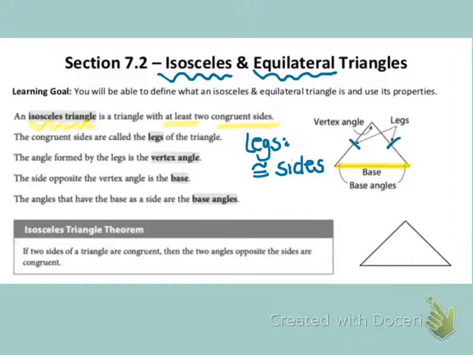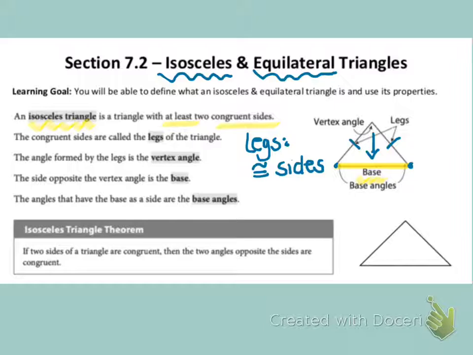Now, the third side of the triangle, if we have just exactly two sides equal, we call the base. We use base a lot, and sometimes base is associated with a side of a triangle that's sitting horizontal, but that really has nothing to do with the word base at all. In this case, base just means the side that's across from what's called the vertex angle. You know how the points are called vertices, right?